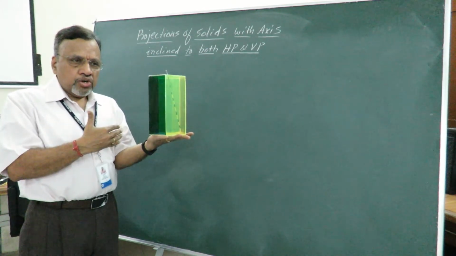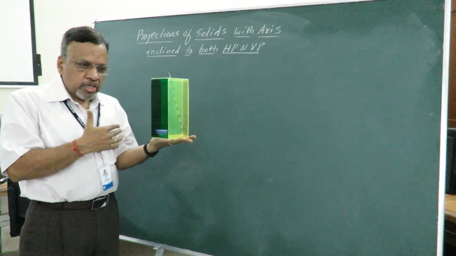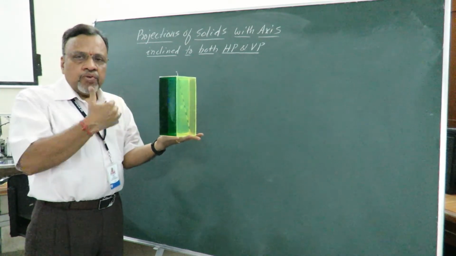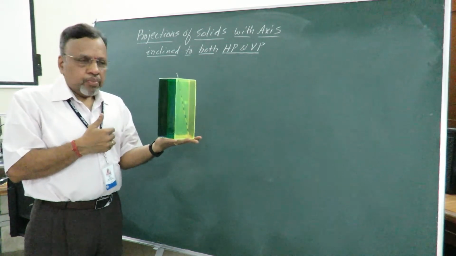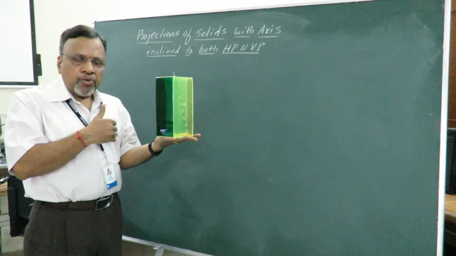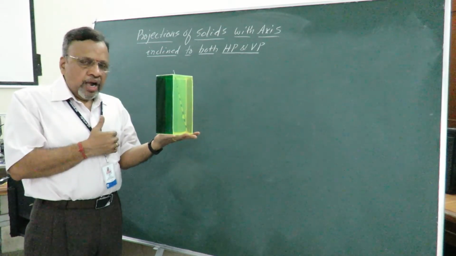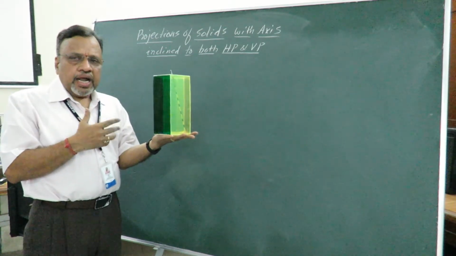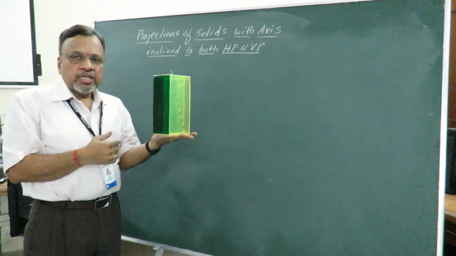Stage 1 corresponding to the solid in simple position, and in the second stage we are going to incline the solid with reference to one of the planes. So I can say that when the axis is inclined to one plane and parallel to other, that can be achieved in stage 1 and stage 2. And if I say that axis is inclined to both the planes, then we are going to have one more stage, that is the third stage.